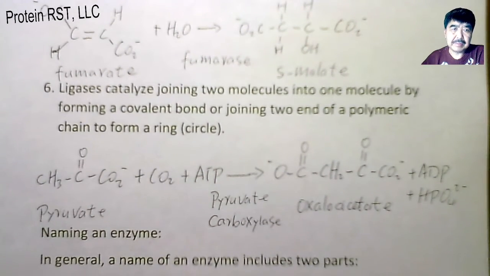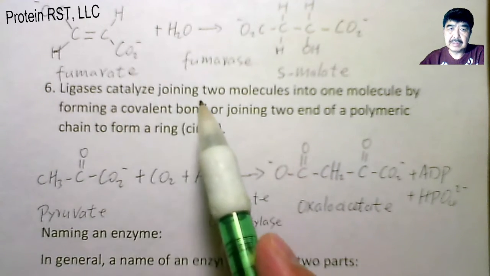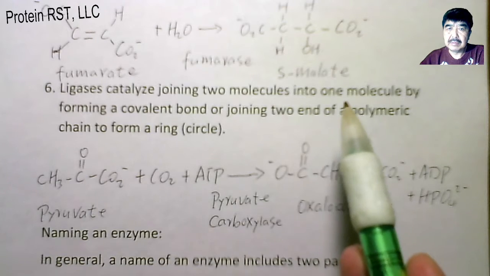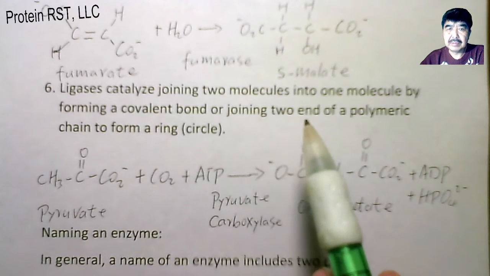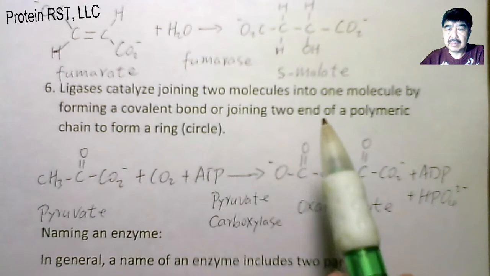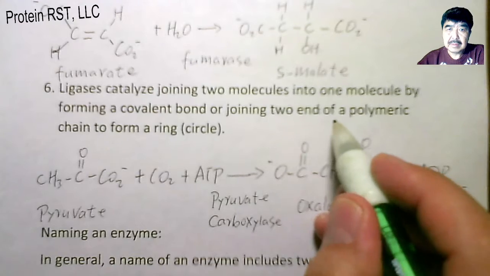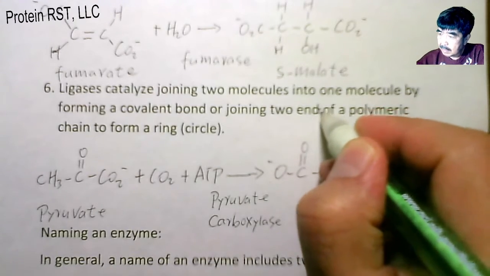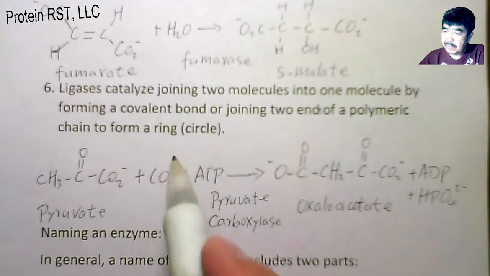The last type, number 6, is ligases, which catalyze joining two molecules into one molecule by forming a covalent bond, or joining two ends of a polymeric chain to form a ring.